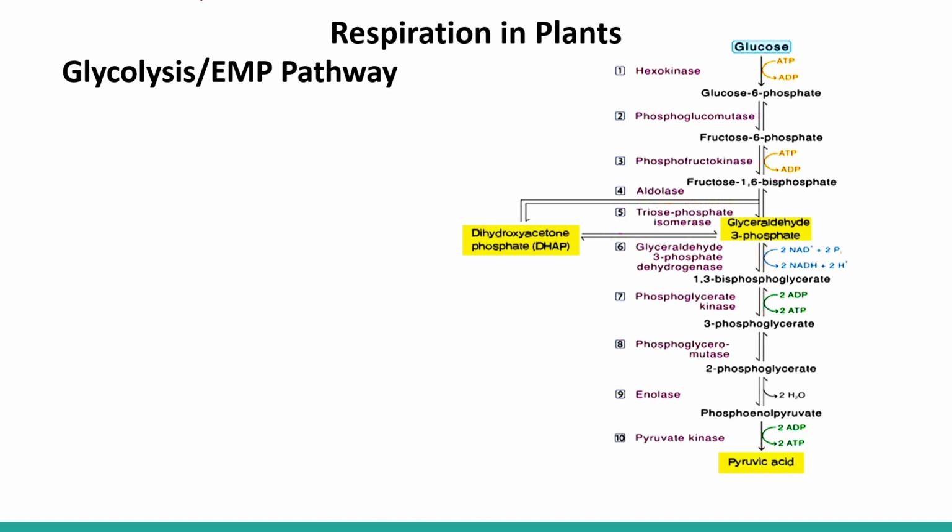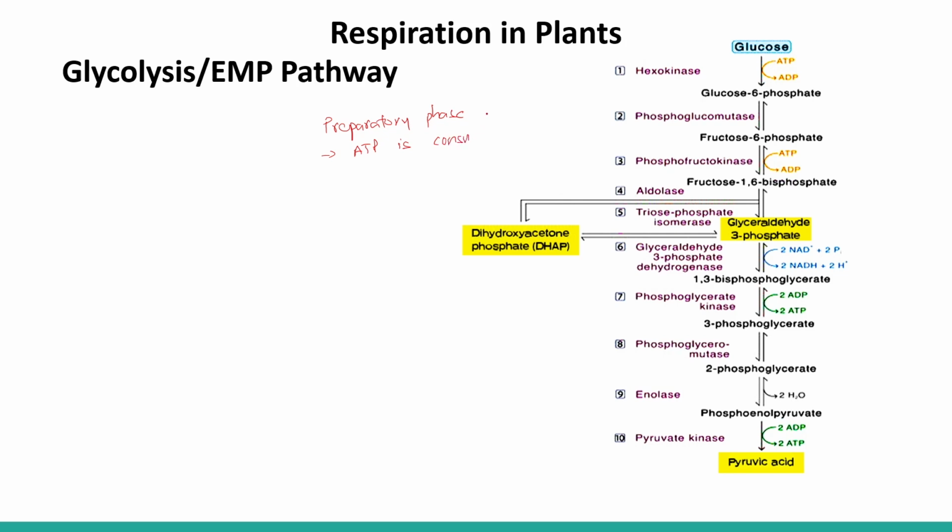Now in the previous lecture, we were discussing the glycolysis pathway. We already know that the first phase of glycolysis is the preparatory phase, during which ATP is consumed.